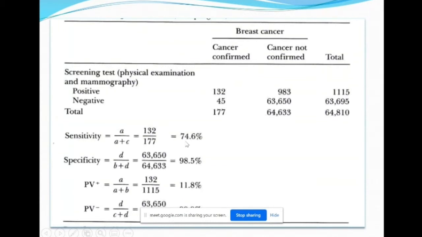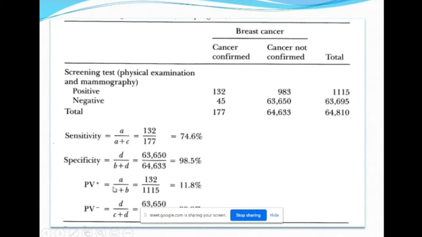So regarding sensitivity, 74.6 means that almost 75% of all women with confirmed cancer were screened positive. While regarding specificity, because it is high, at 98.5%, it may be considered that almost all women who are free from cancer were screened negative by the screening test.